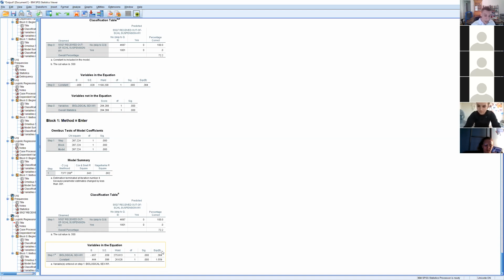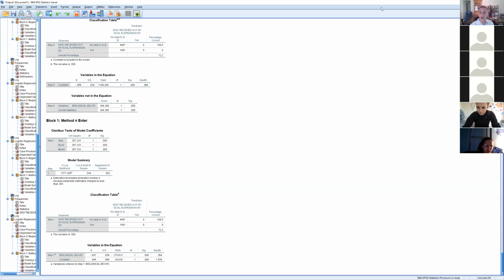That is the exponentiated beta. The exponentiated negative 0.957 will give you the value 0.384. And because that's below the value 1, we know that it's lowering the odds of the dependent variable occurring. And the way to further interpret that, so it's more intuitive, is if you take that number and subtract it from 1, that is the percent that it lowers the odds of something occurring, that being suspended.